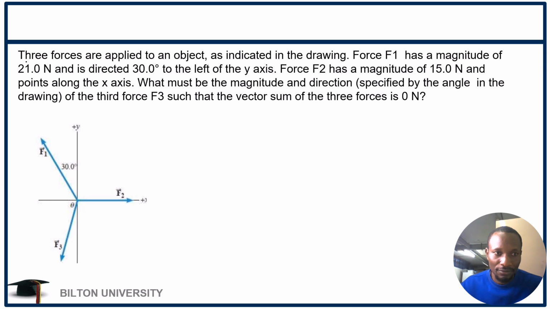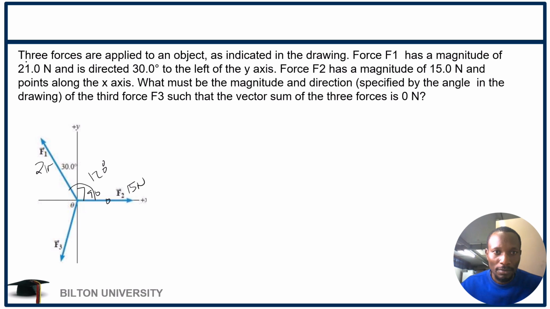So if this is 30 degrees and this is 90 degrees, this angle is 120 degrees. Force 2 has a magnitude of 50 Newton and points along the x-axis, so this angle is 0.